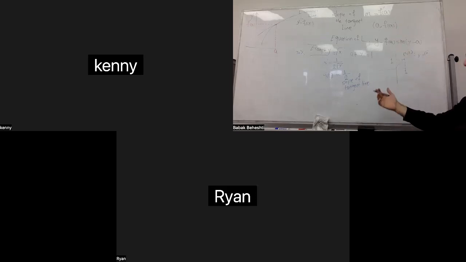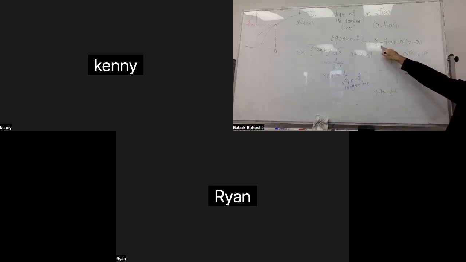So now it is just grade 10. I mean, forget about the derivative and everything. What is the equation of a line with a slope 1/2 that passes through this point? The slope is 1/2, so you have 1/2 times... so y minus 1. I mean, this is a general formula. Also, always remember this: y minus y0 is equal to m times x minus x0.